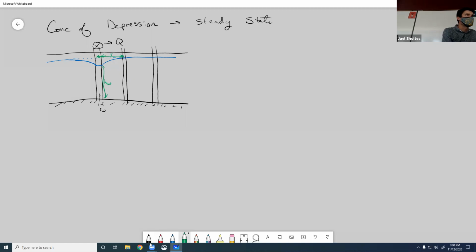And then we can have the water table height at some r distance away from the well that's being pumped. And then we can have the original water table height, or the initial water table height before pumping began, which is h naught. And then we have the water surface slope, which is dh over dr.